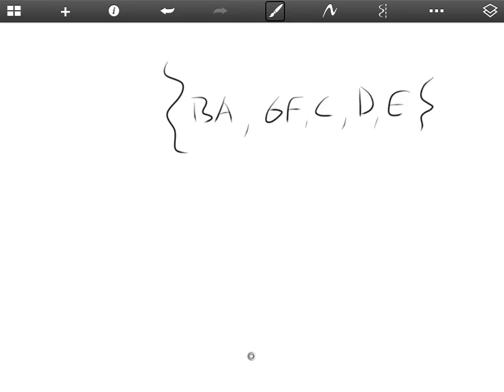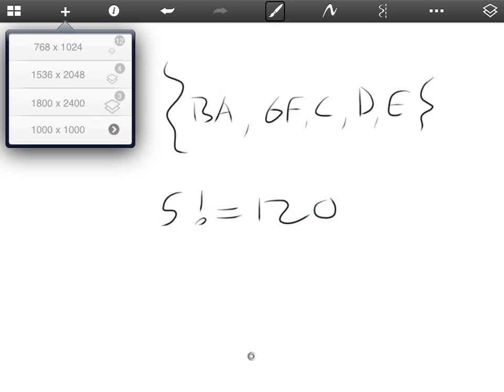Let's double check this answer, because I don't think it's going to be 24 again. Never mind, it may actually be a repeated answer. How many elements do we have? 1, 2, 3, 4, 5. So this is just 5 factorial, which is 120. I was surprised that we got that answer again, but yes, that is the answer to C.